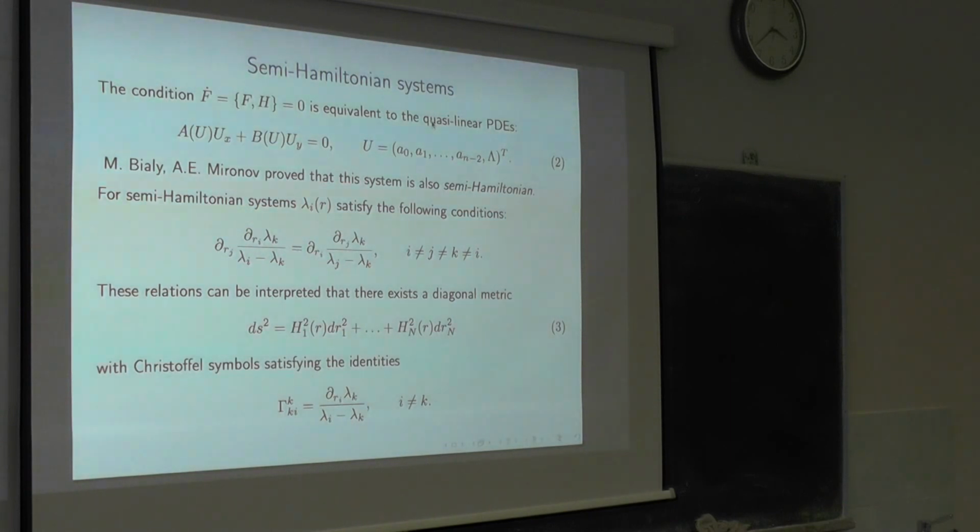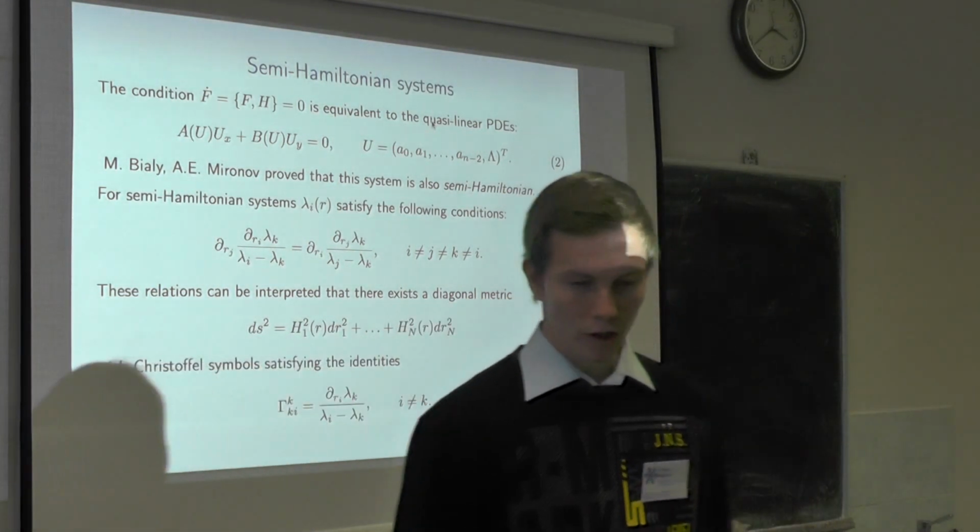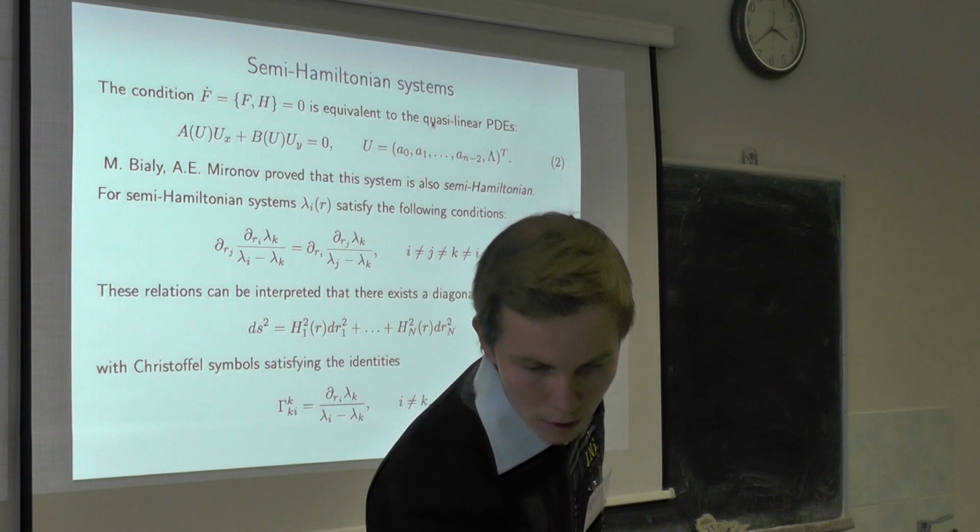The same authors proved that in this case the system is also semi-Hamiltonian. The initial definition given by Tsarev of such a system is that the following conditions on its eigenvalues must hold, and it can be treated as the existence of a diagonal metric with such Christoffel symbols.